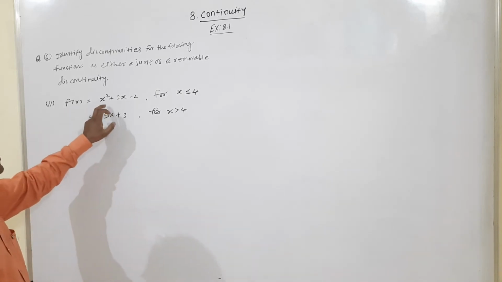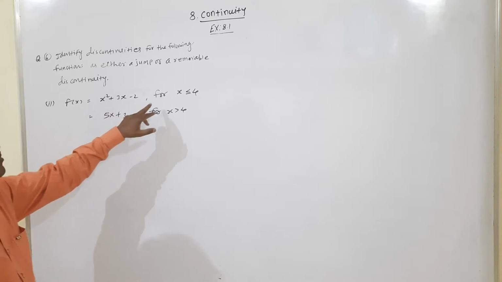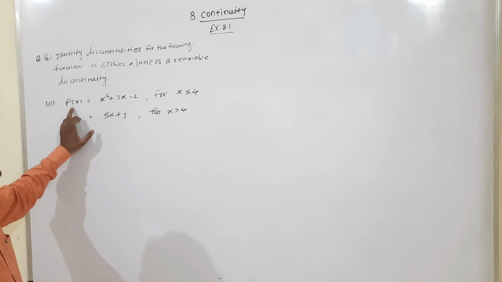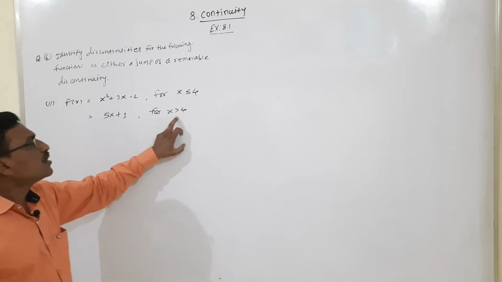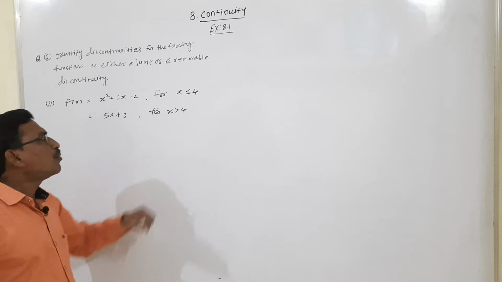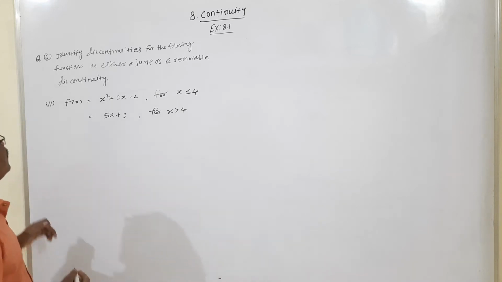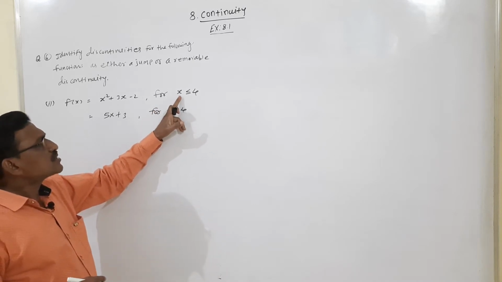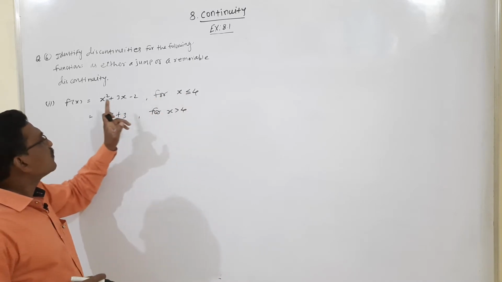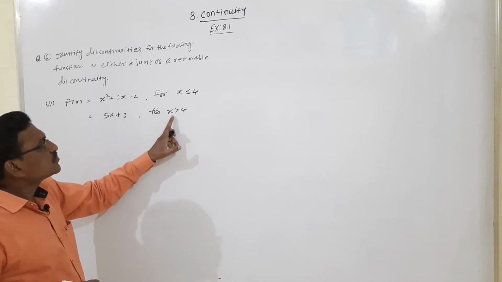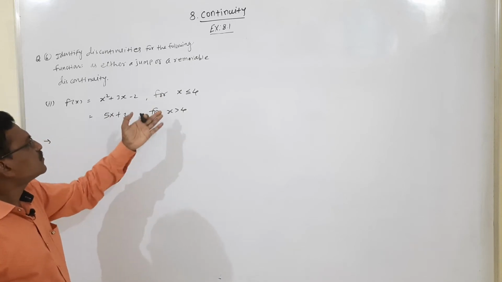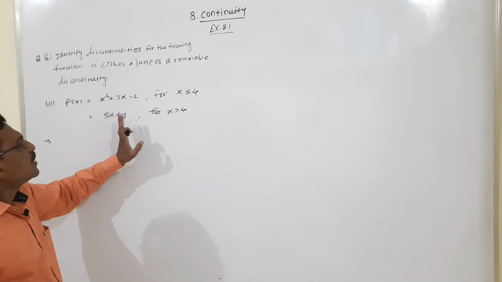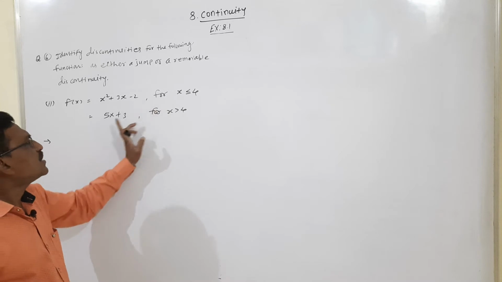Function f of x equal to x square plus 3x minus 2 for the interval x less than or equal to 4, and function f of x equal to 5x plus 3 for the interval x greater than 4. So we check here. Since this interval is x less than 4 for this function and x greater than 4 for the other, we have to apply the left hand side limit and the right hand side limit to this function.